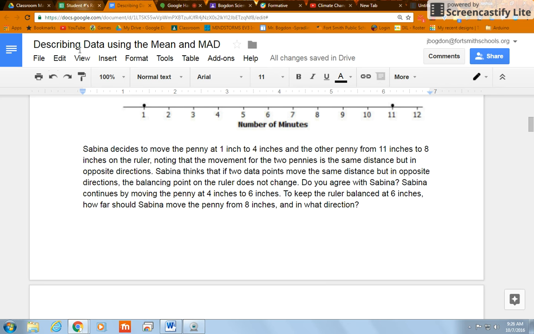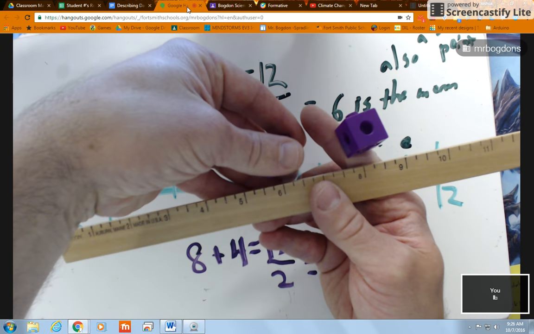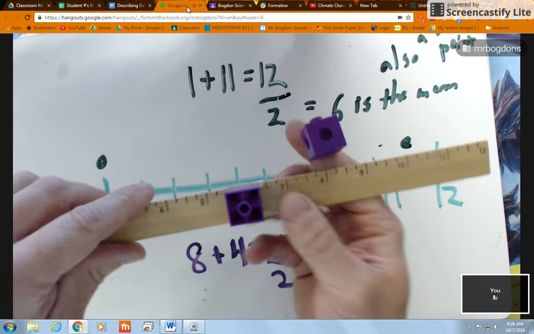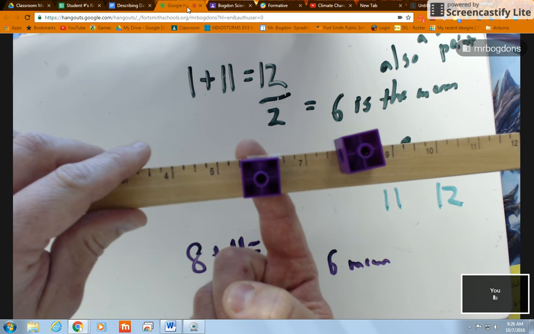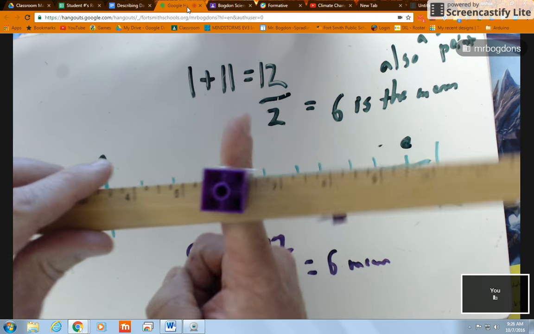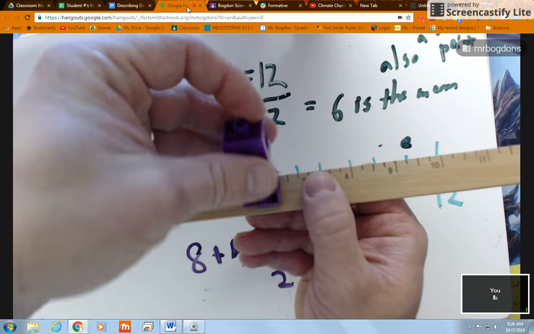So it says Sabina continues moving the penny at 4 inches to 6 inches. So if she moved it from 4 to 6, where does the penny at 8 have to move to keep the same balance point? Some people are saying the 6.